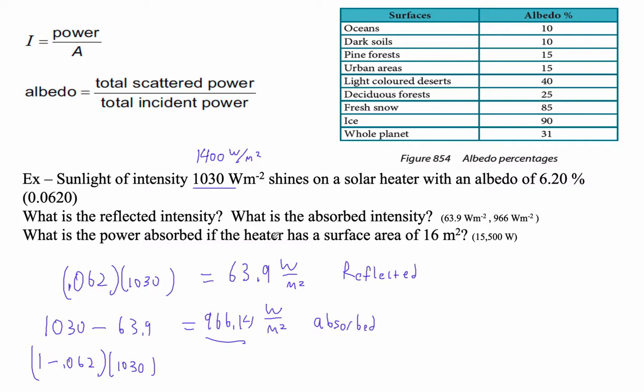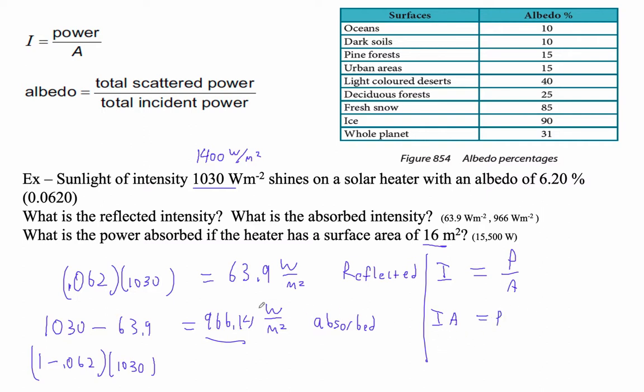What power is absorbed if the heater has a surface area of 16 square meters? Well, let's see, what is it? Its intensity is power divided by area, right? So area times intensity, this is your IA, is the power, right?